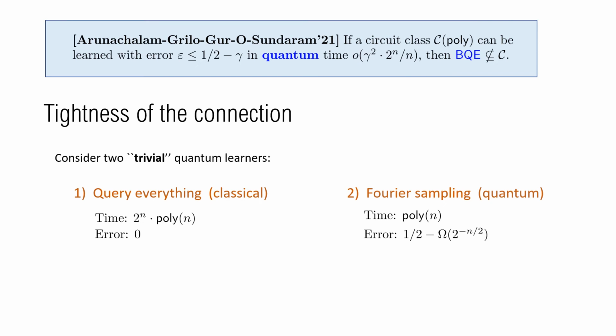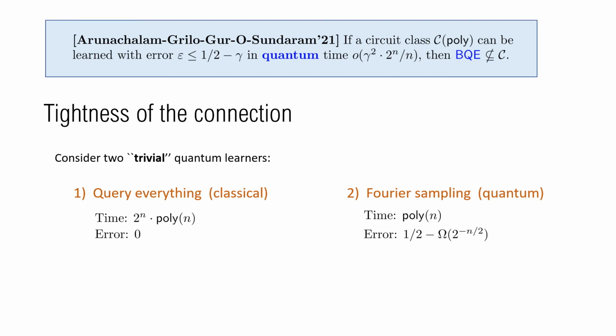The connection is also tight with respect to the dependence on the advantage parameter gamma. Because using the power of quantum computing, one can show using Fourier sampling that any unknown function can be quantumly learned in polynomial time with advantage that is slightly better than trivial. And by inspecting these parameters, we notice that the gamma square dependence is necessary in the connection.